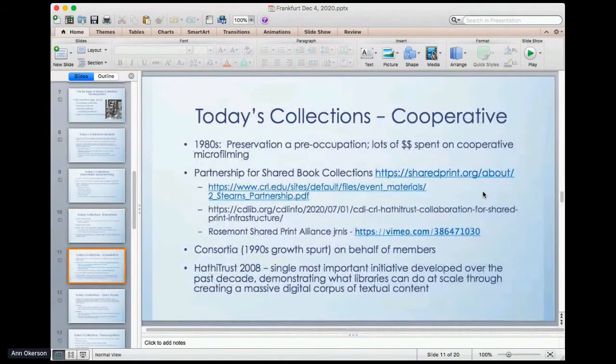One important trend that began as information began to be produced ever more rapidly and in abundance is development of cooperation in matters of collections. This movement has produced a mixed bag of results. From the 1980s, we had a preoccupation with cooperative preservation, leading to a lot of fund investment and a lot of microfilming, cooperative microfilming.